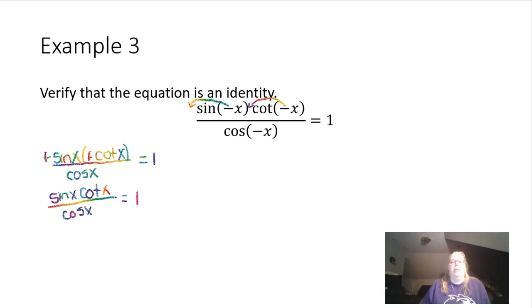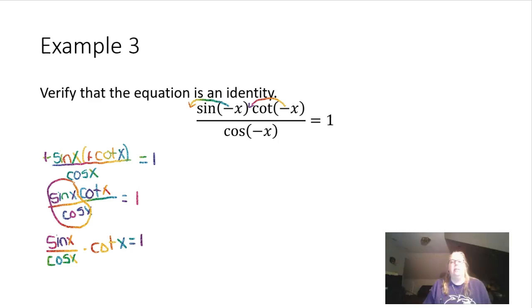Okay, now there's a couple of ways I can go about finishing this, and I think what I'm going to do is I'm going to separate this into a fraction, the sine divided by the cosine times the cotangent. This is one way I can do this, but it's not the only way that will work. And then this will be equal to 1.